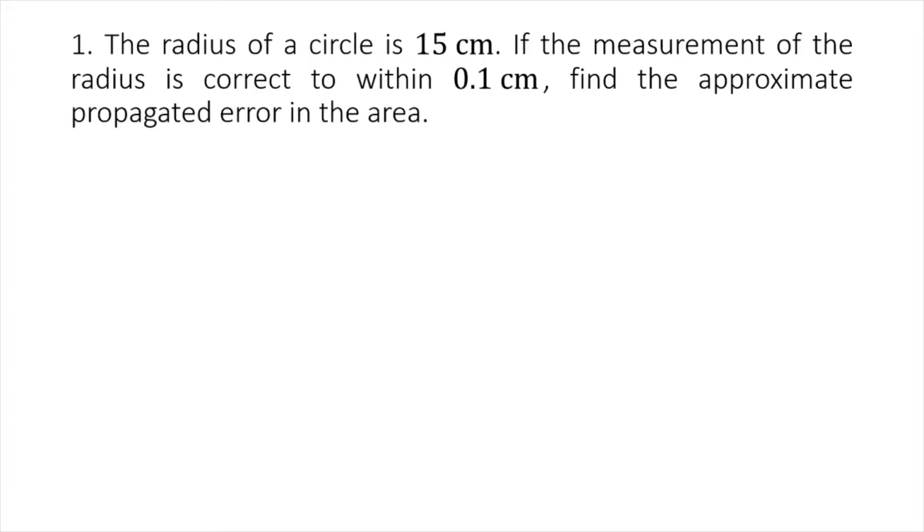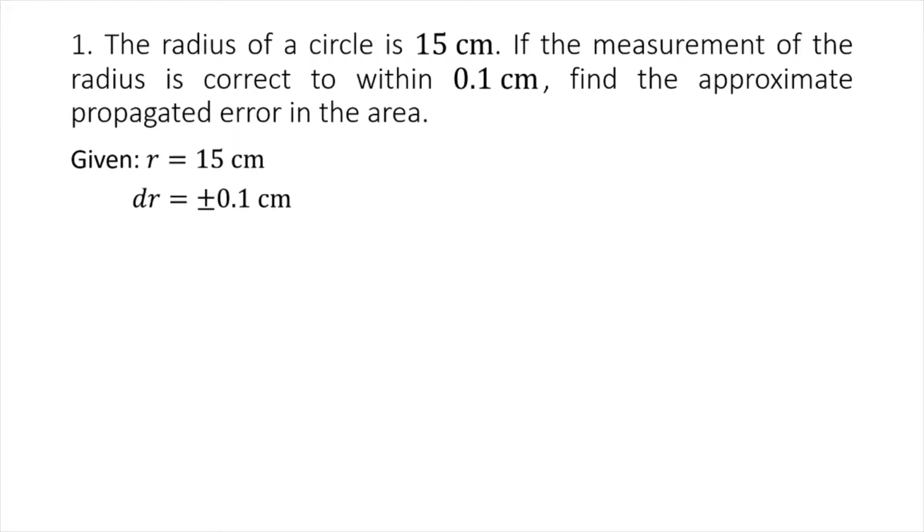So let's identify the given first. We have the measured radius, which is 15 centimeters, and the error in measuring the radius, which is within 0.1 centimeters. So that's plus or minus 0.1 centimeters. dr again represents the differential of the radius, the error in the measurement of the radius.